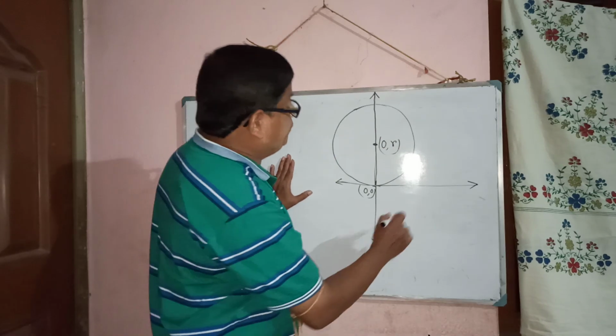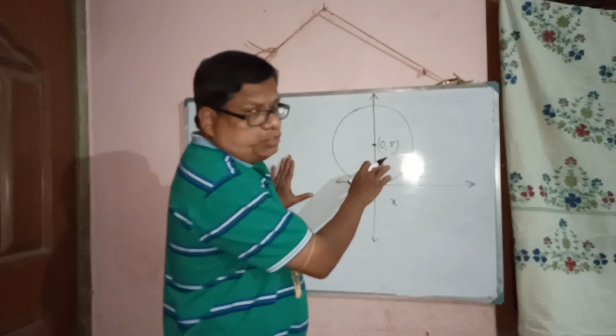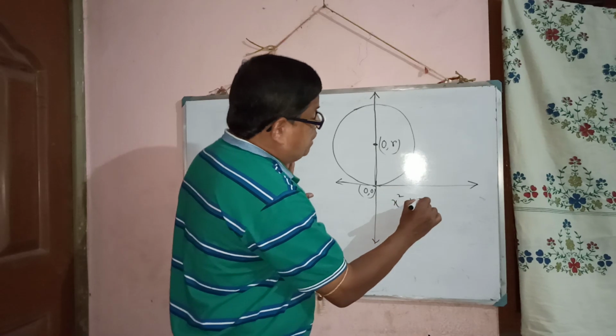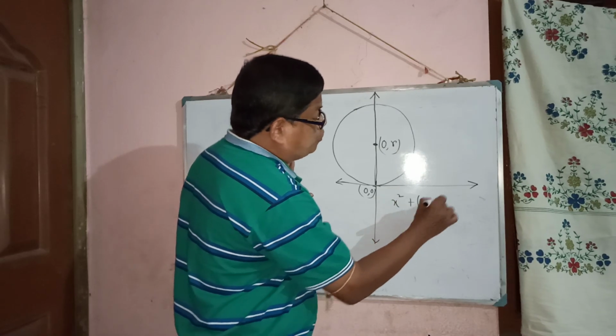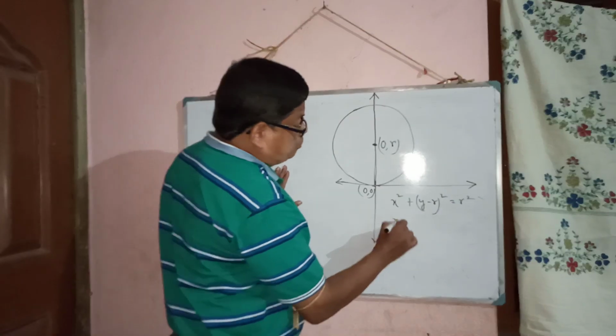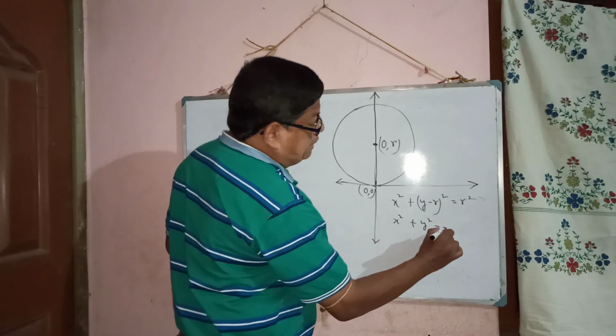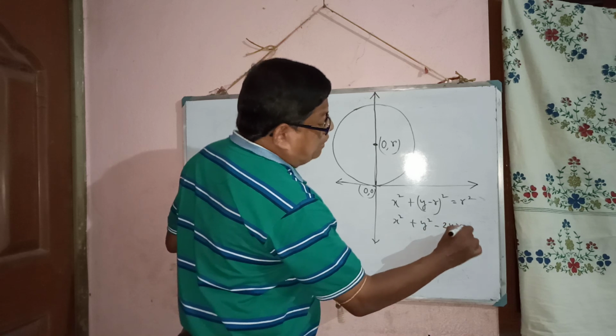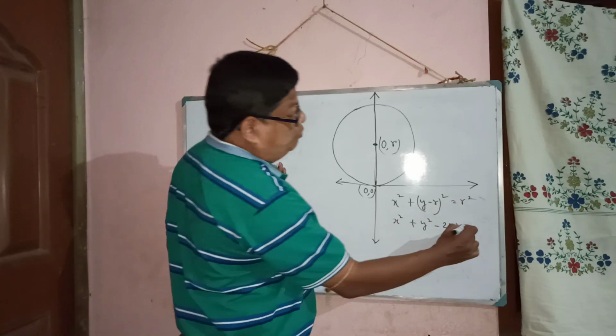Then the equation will be x minus 0 whole square, x square plus y minus r whole square equal to r square. So we write x square plus y square minus 2yr plus r square minus r square, cancel, will be 0.